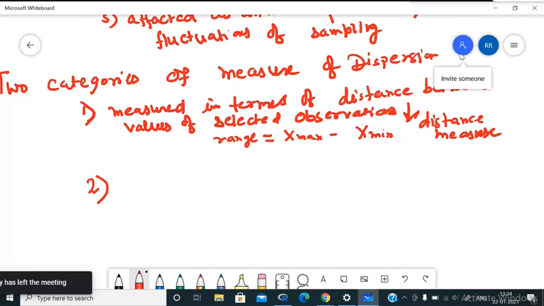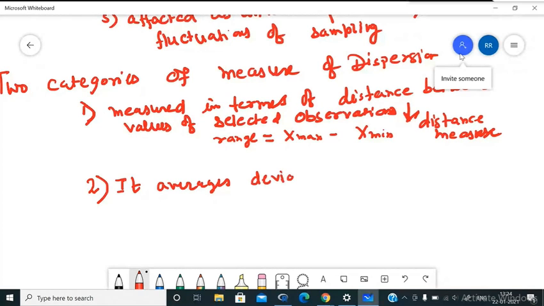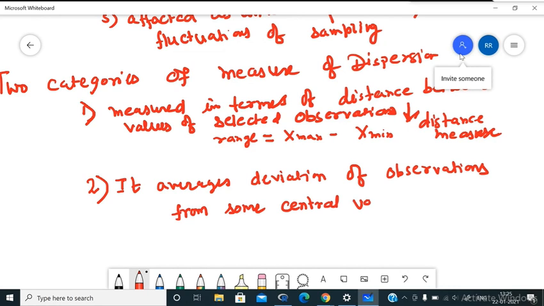It averages the deviation of observations from some central value, for example mean or median.